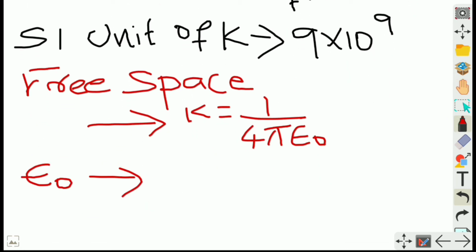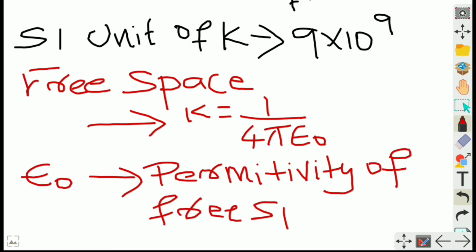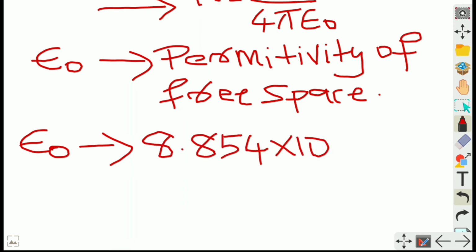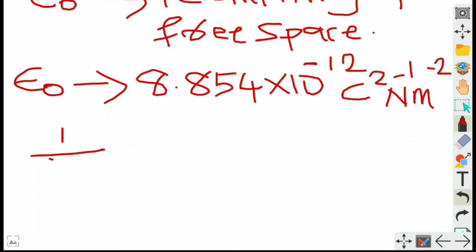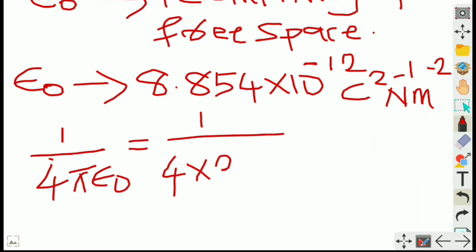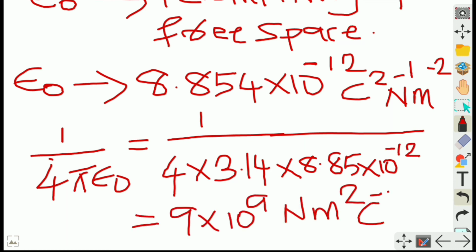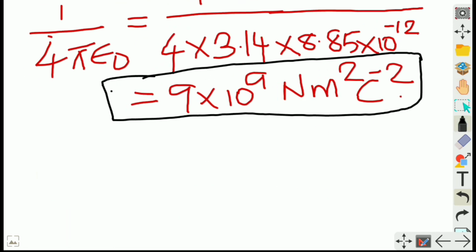Here epsilon 0 is the permittivity of free space and its value is epsilon 0 equal to 8.85 into 10 raised to minus 12 C square N raised to minus 1 meter inverse square. Therefore, 1 by 4 pi epsilon 0, by substituting all the values, that is 4 pi and epsilon 0, we get 9 into 10 raised to 9 N m square C inverse square.